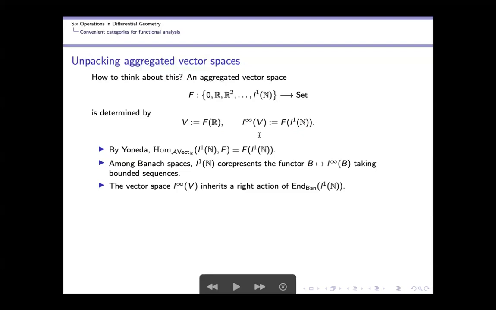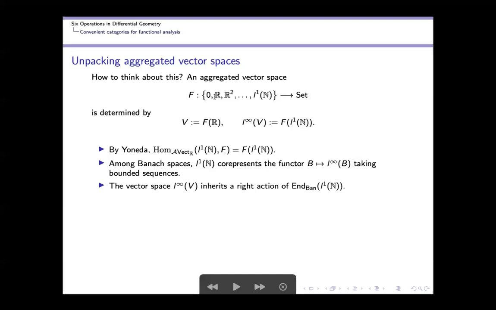It's a classical functional analysis fact that continuous or bounded maps from L1 into a Banach space give you the set or the vector space of bounded sequences in that Banach space. So that's the set L infinity of the Banach space B. That's the reason that I'm calling this L infinity of V. L infinity means bounded sequences. This has to do with the duality between absolutely summable sequences and bounded sequences. The topological dual of L1 is L infinity. That's what's going on here.